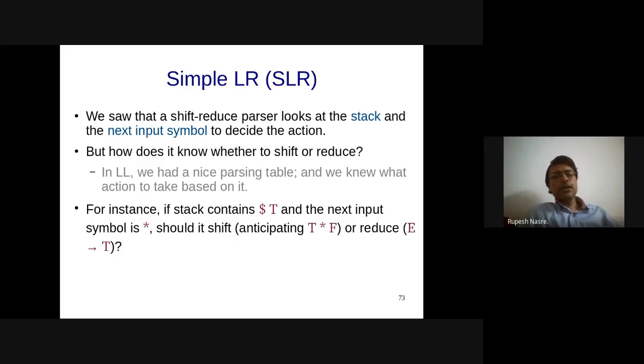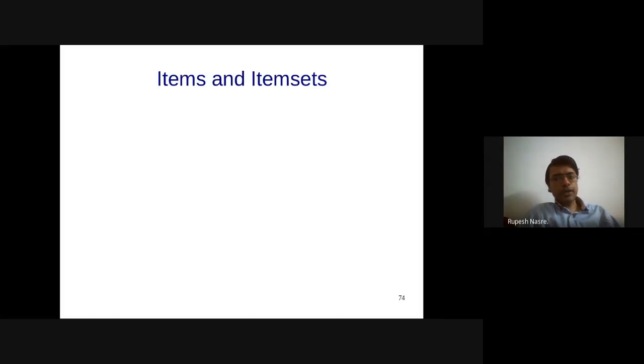If there is a table which says that if the handle is T and the next input symbol is star, then I should apply T star F, then my job is done. Such a parsing table will help me recognize a particular string without backtracking. That is what we would like to build.